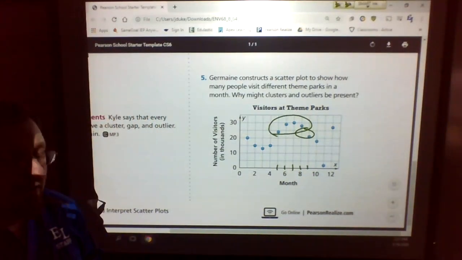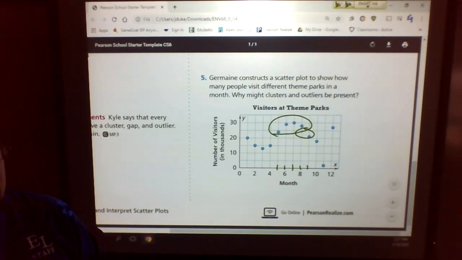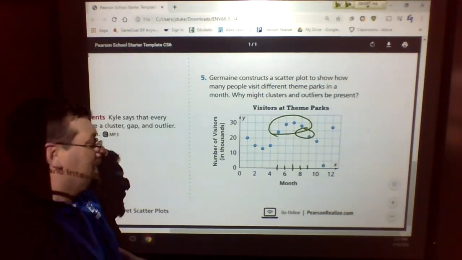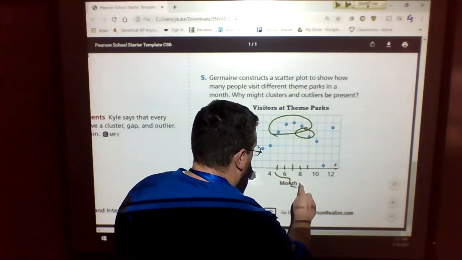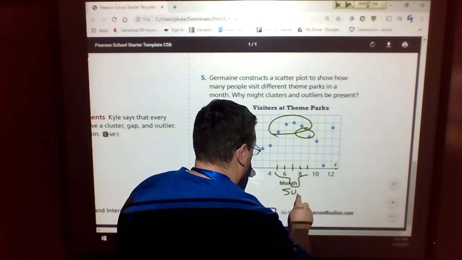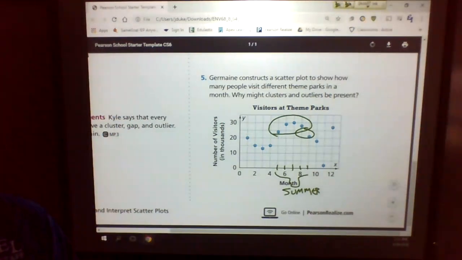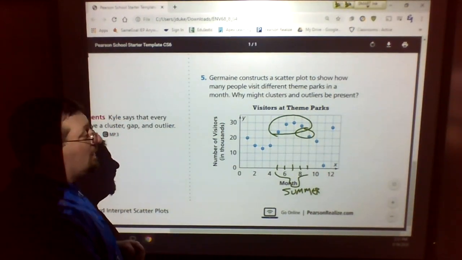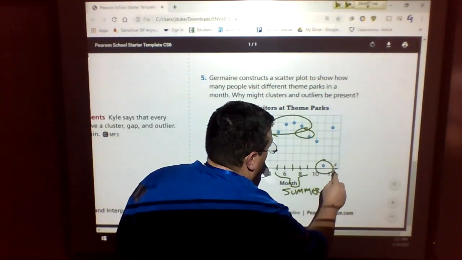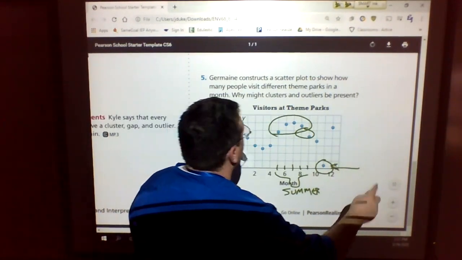What do we call months 5, 6, 7, 8, and 9 on our calendar? That's summer. Those are clustered together because attendance at the theme park is going to be pretty high. Our lowest, here's an outlier out here. That's November.